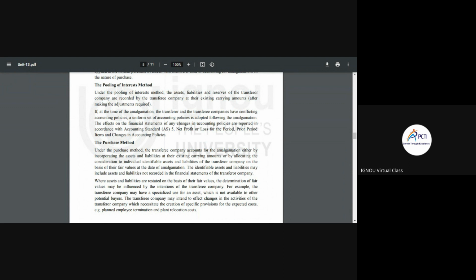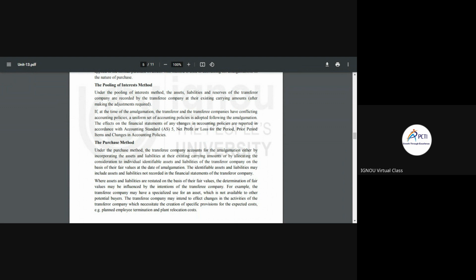In the case of purchase method, the transferee company accounts for the amalgamation either by incorporating the assets and liabilities at their existing carrying amounts or by allocating the consideration to individual identifiable assets and liabilities of the transferor company on the basis of their fair value at the date of amalgamation.